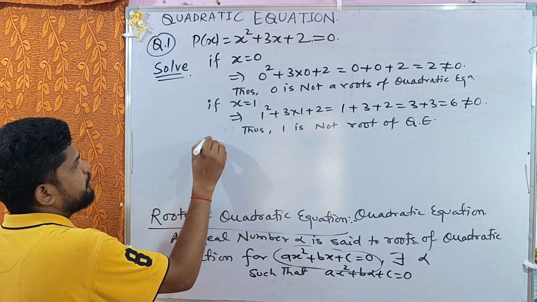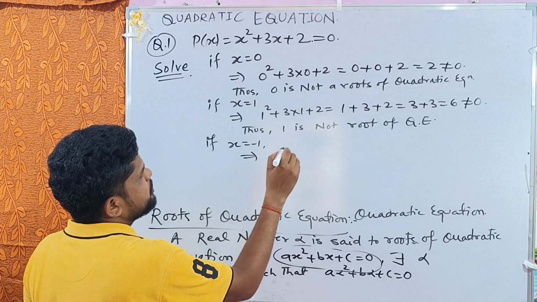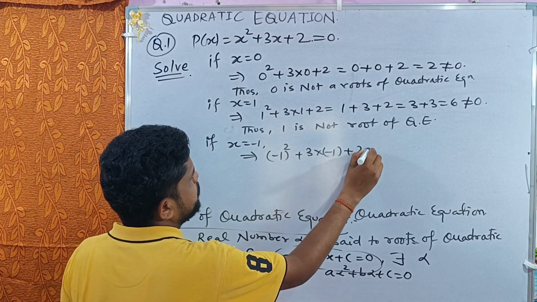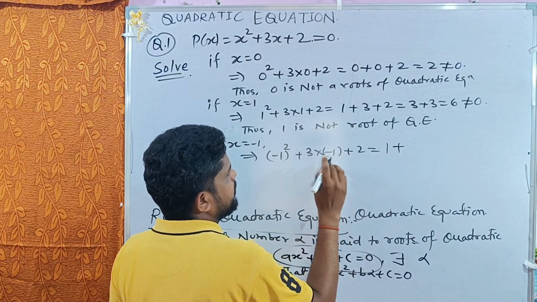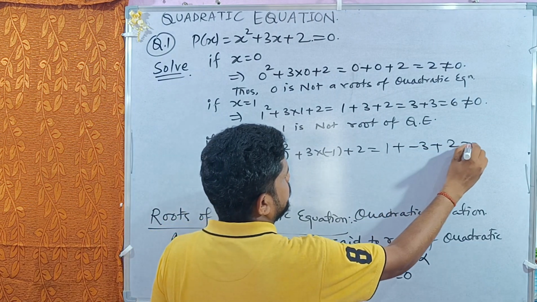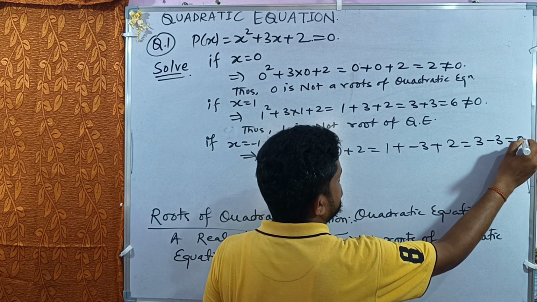Okay, now if I consider the value of x is equal to minus 1, we will get minus 1 whole square, plus 3 into minus 1, plus 2. Minus 1 square has a value 1 only. 3 into negative 1 is minus 3, and 2 is just 2. 1 plus 2 is 3, and 3 minus 3 is equal to 0.